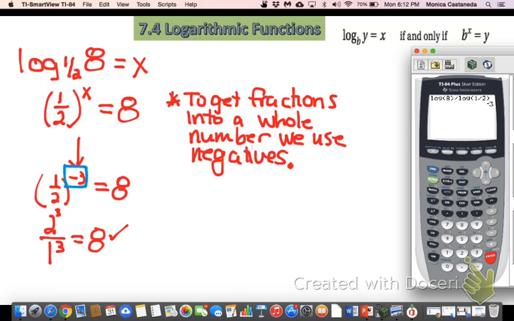I rewrote it, and then I said to get fractions into whole numbers, we have to use negatives, and we know that 2 times 2 times 2 would be 8. So in order to do that with a fraction, it has to be -3. And then here I have the reciprocal. Then if we look at the calculator, I typed in log 8 divided by log 1/2, and look at what I got, -3. So there is a cheat you can use on your calculator.